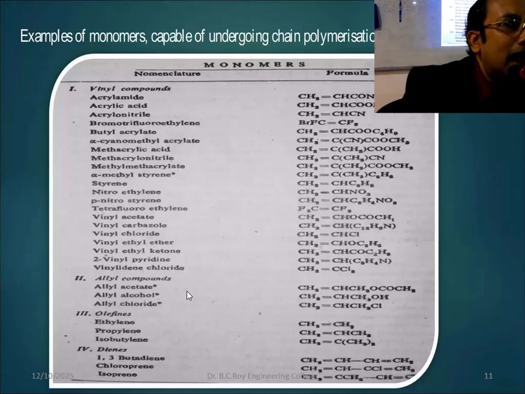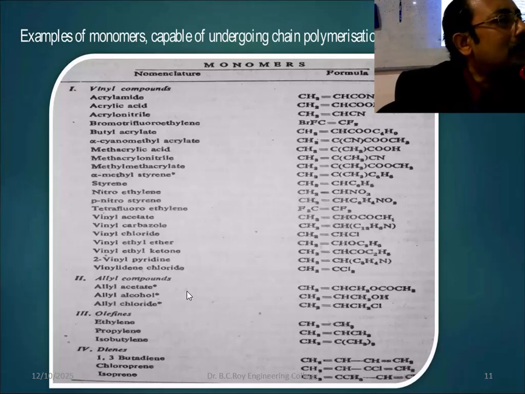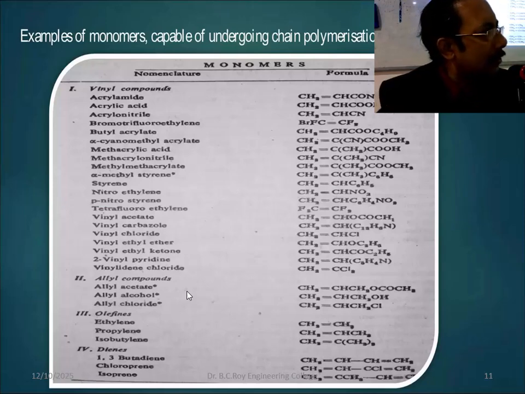Whatever polymerization reaction is going on in our body is step growth, not chain growth. In the body there cannot be any radical mechanism. There will always be an ionic mechanism, because our body has a lot of water, so it is an aqueous medium. The amino acids are units capable of forming polymers, but by a step growth mechanism, because polycondensation is going on.